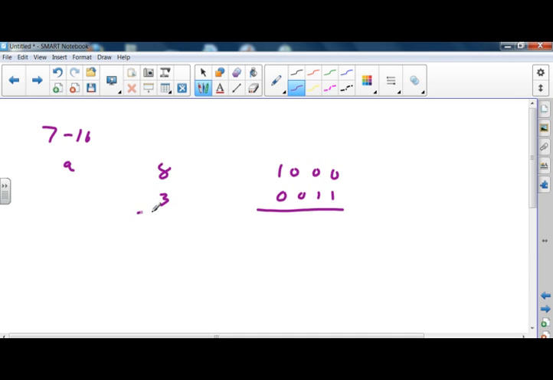And 11, right? 0, 0, 0, 1, 0, 0, 0, 1. 0, 1, 1. 11. What's 17? No, that's 11. It's binary coded decimal. Oh, shoot. Binary coded decimal. 1, 1.